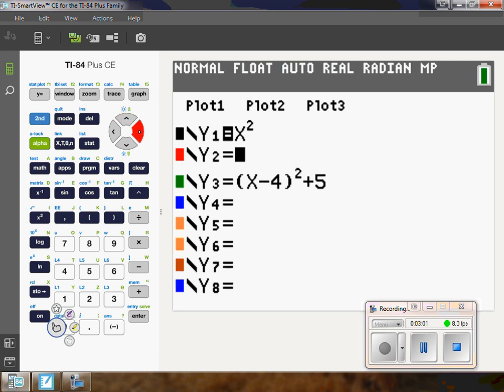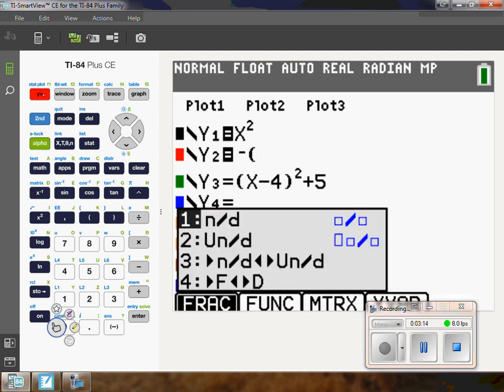Let's go to y2, and we want to put in negative parentheses. If you want to do 1/3 as a fraction, go to alpha y equals. You see here you can put something in fractional form with option 1. That was alpha y equals option 1.